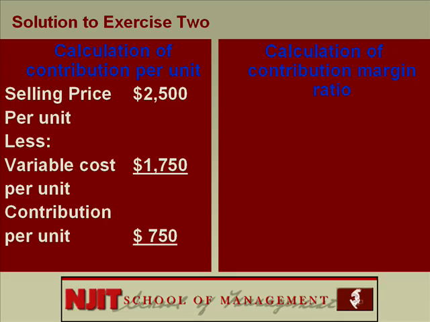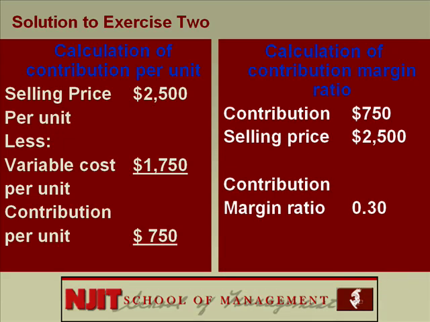Doesn't matter, get the same answer. So what's the contribution margin ratio in this problem? The contribution is $750. The selling price is $2,500. So contribution over selling price is contribution margin ratio, which is 0.3. It tells you that contribution is around 30% of your sales.